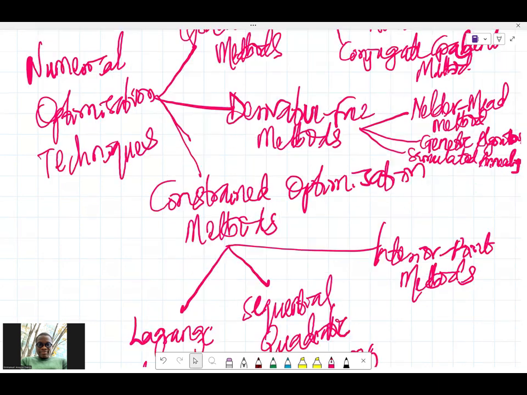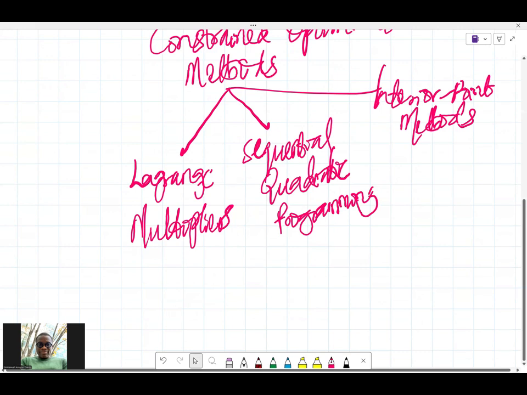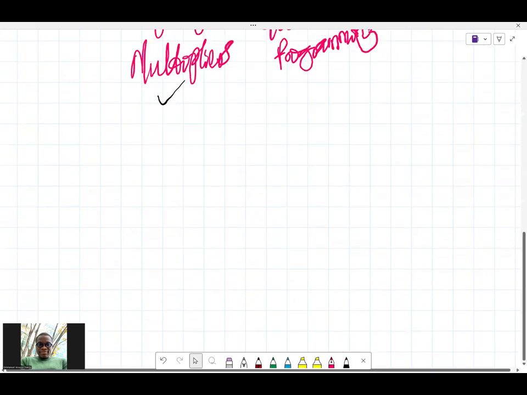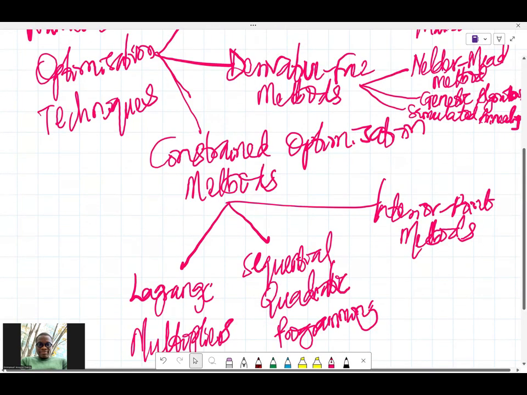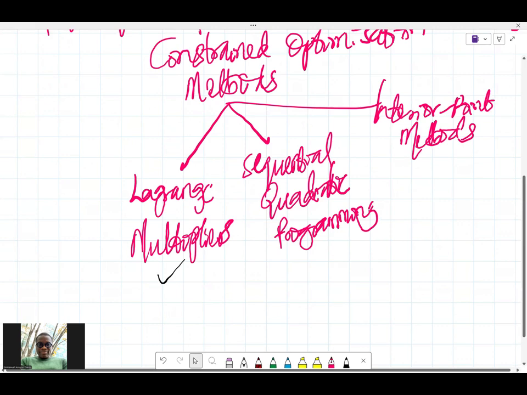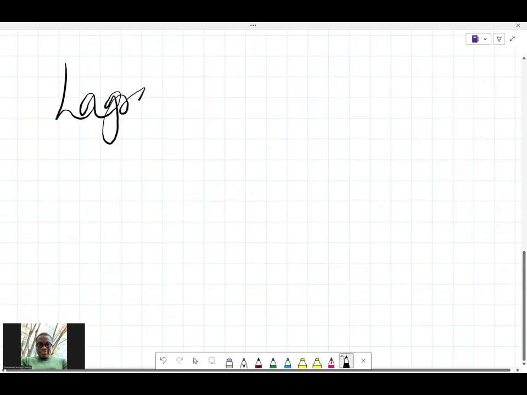For this video, we are going to be looking at Lagrange multipliers, which I think is the most popular of the constrained optimization methods.